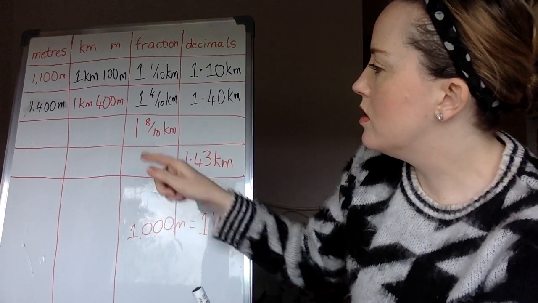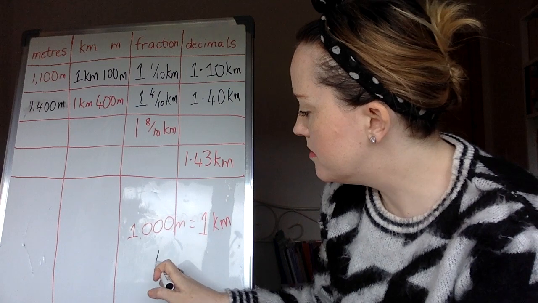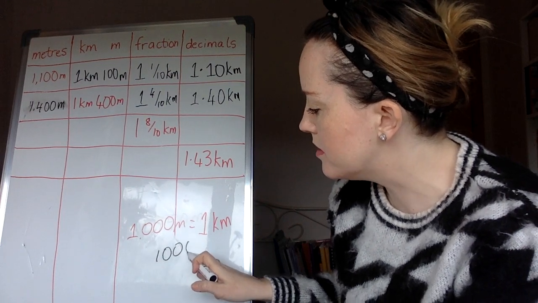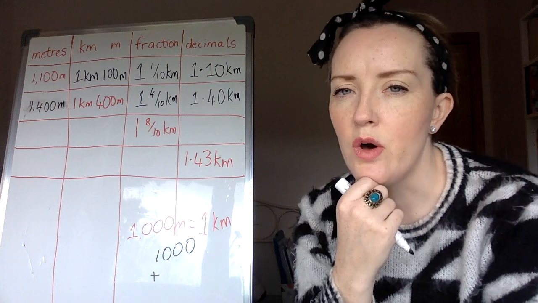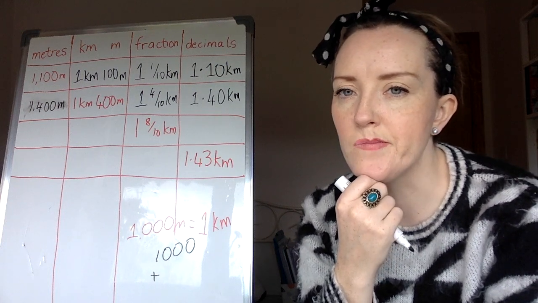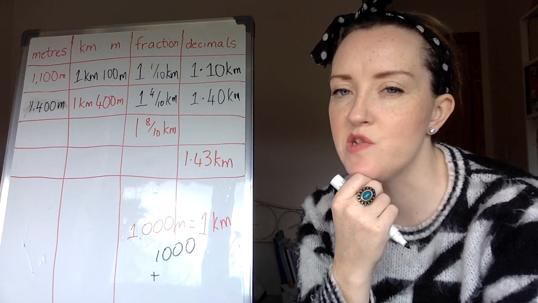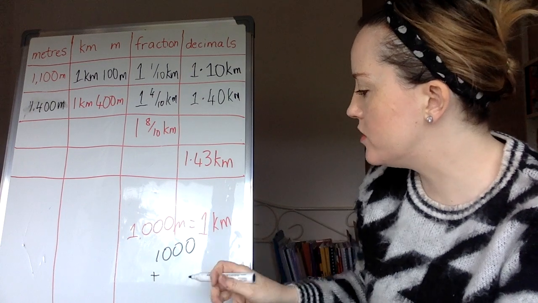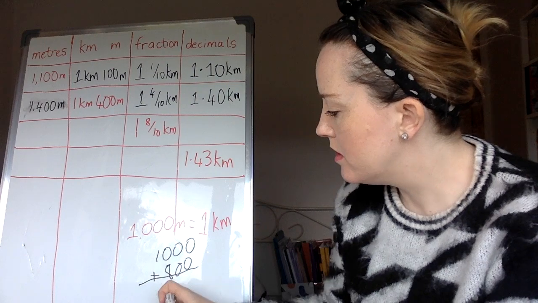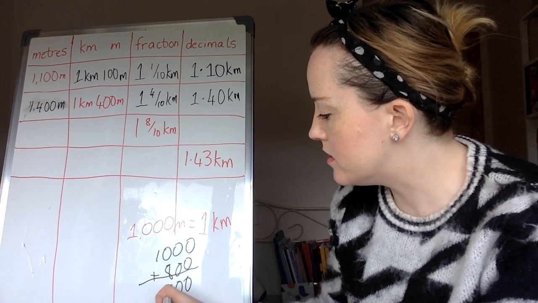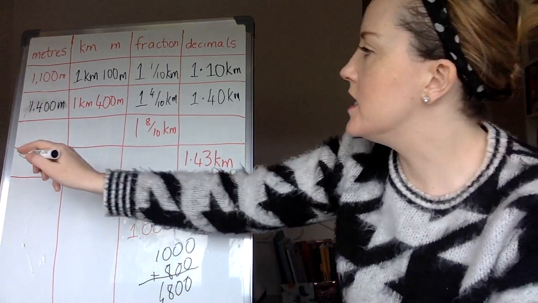So I already have 1,000 metres from the 1 kilometre. Plus, then I must add 8/10 of a kilometre. What's 8/10 of a kilometre? It's 80% of it. Very good, it's 800, isn't it? That's 800. So my answer is 1,800 metres.